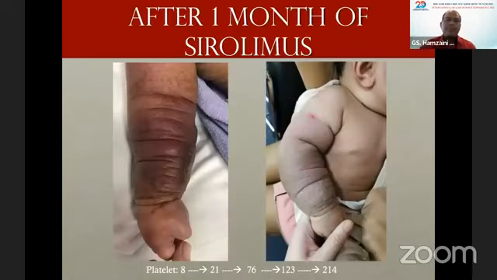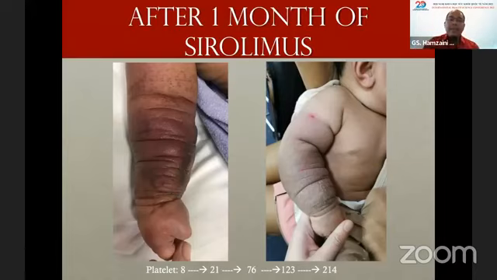And after 1 month, we treated the patient with sirolimus based on the diagnosis of kaposiform hemangioendothelioma. Based on ultrasound and MRI, we diagnosed the patient as kaposiform hemangioendothelioma. Started the patient on sirolimus, and this patient had a biopsy done, and it confirmed kaposiform hemangioendothelioma.